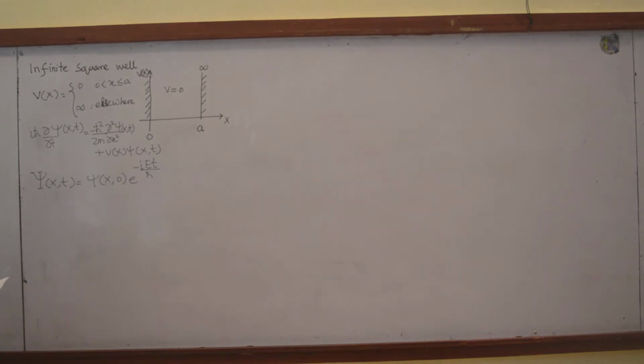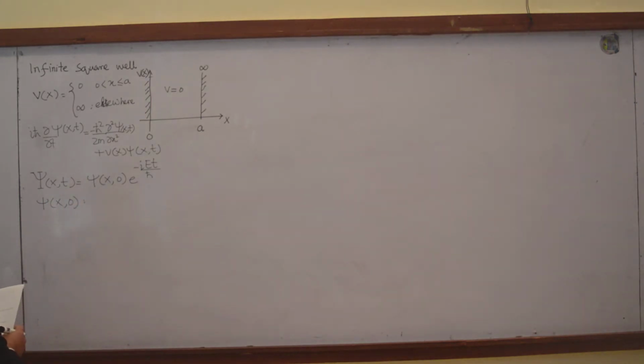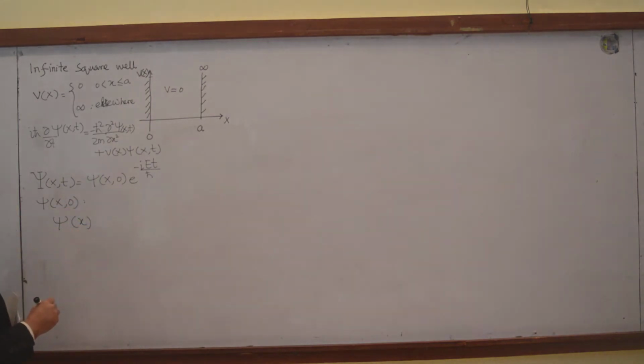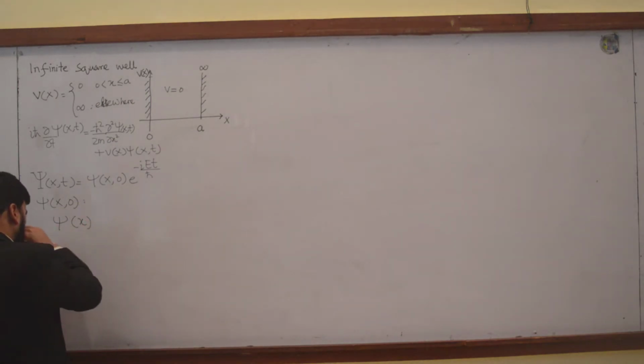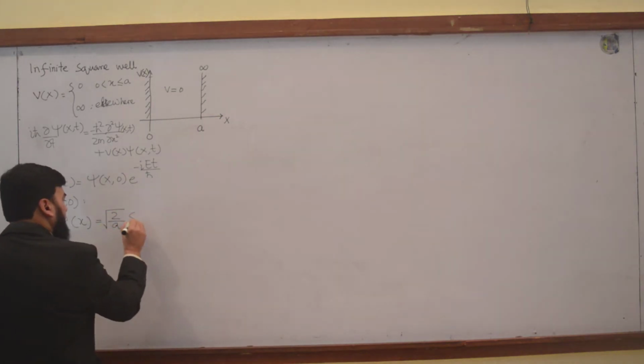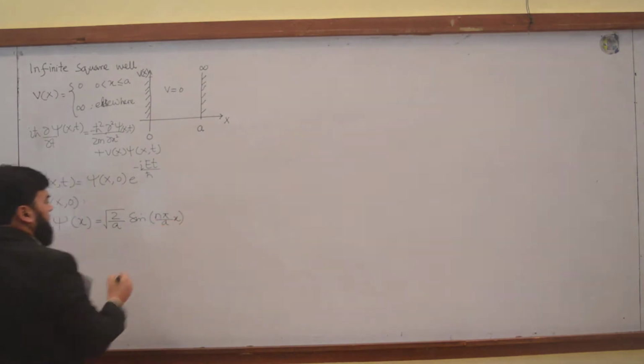When we solved for psi of x, for this system we found that psi of x, now not writing 0 because it is time independent, is equal to the square root of 2 over a and sine of n pi over a x.